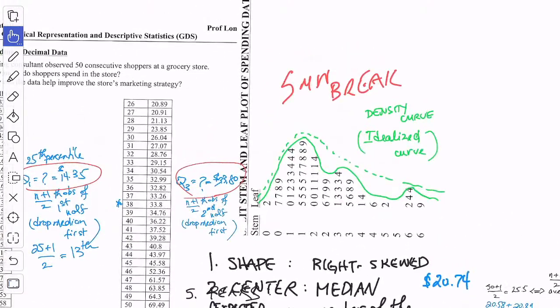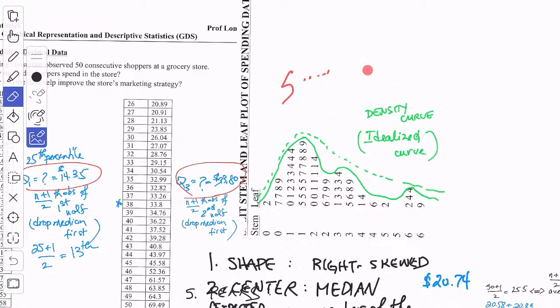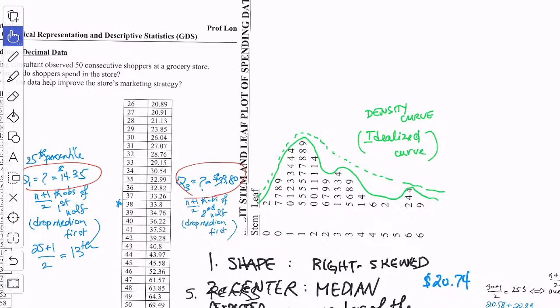I've chosen to use this rendition. I chose this one, not the dotted one, and I say there are 3 peaks, one at 15 to 19, one at 30 to 34, and one at 60 to 64. And that's what I need to write down.